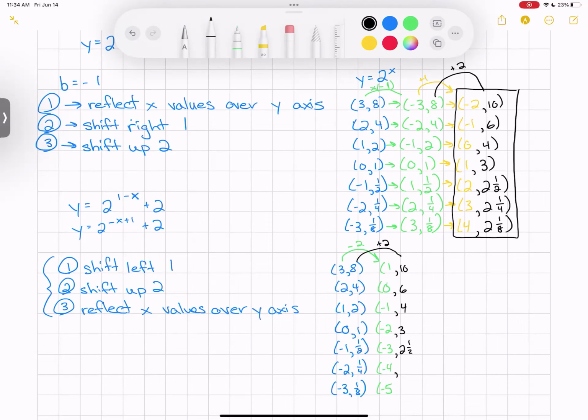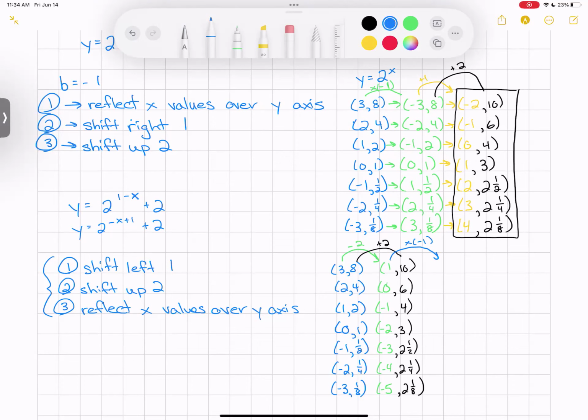And I'm just going to leave those as mixed numbers because it's easier to graph that way anyway. Okay, so we did that. Last step here. So now we need to reflect our x values over the y-axis, which means we're multiplying our x values by -1. So let's use blue again. So all of our x values then we're multiplying by -1.